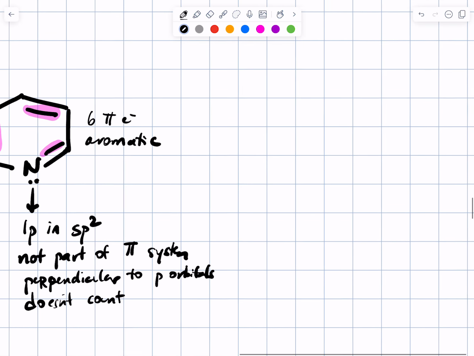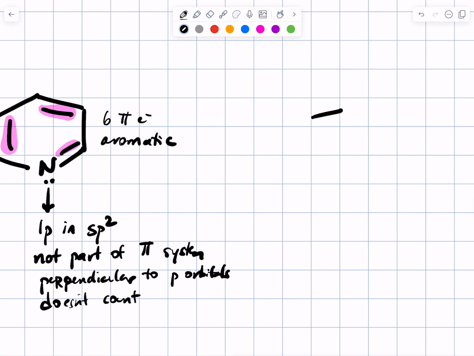A slightly more complicated one. Lots of nitrogens, lots of lone pairs. Here's a hint. One of them counts and one of them doesn't. Which one?